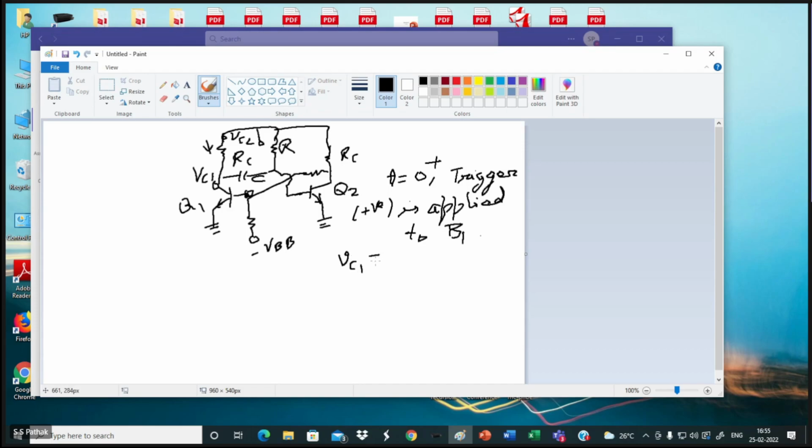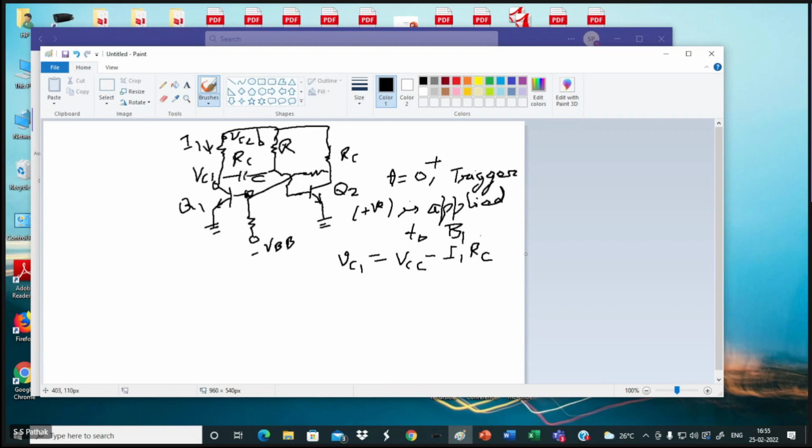VC1 becomes, it was earlier VCC minus drop I1 into RC. I call this current as I1. So it becomes VCC minus I1 into RC. That will be my VC1.